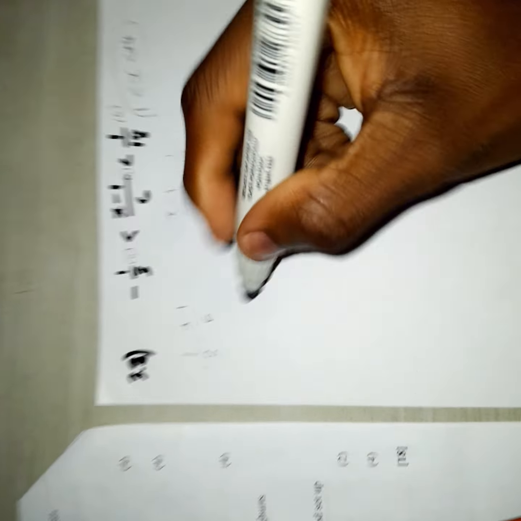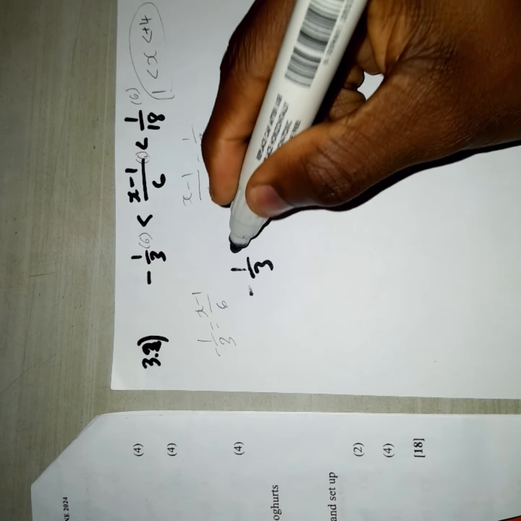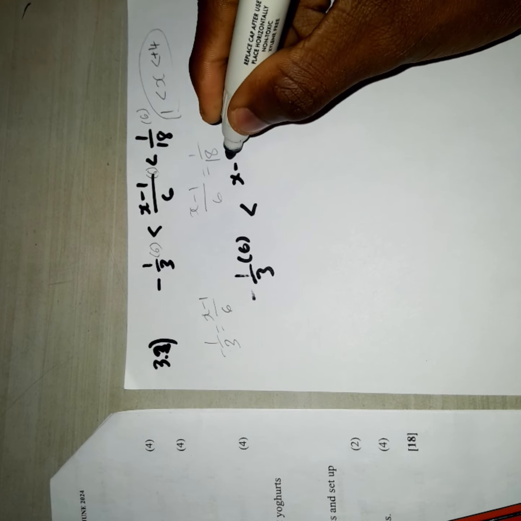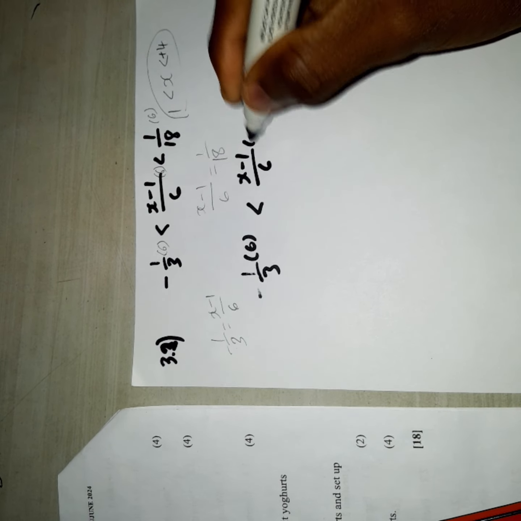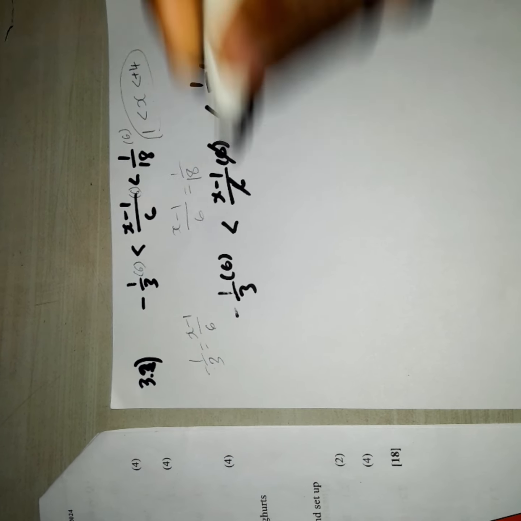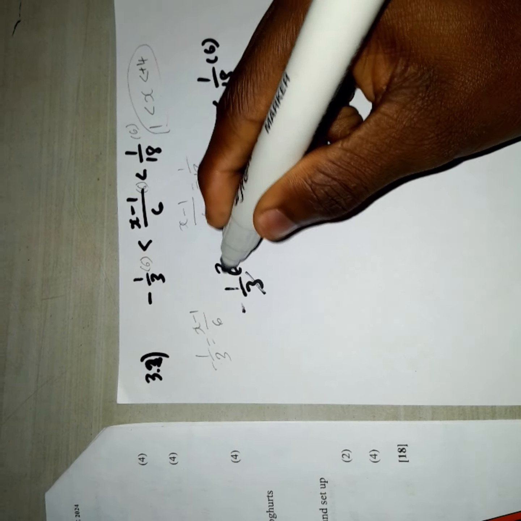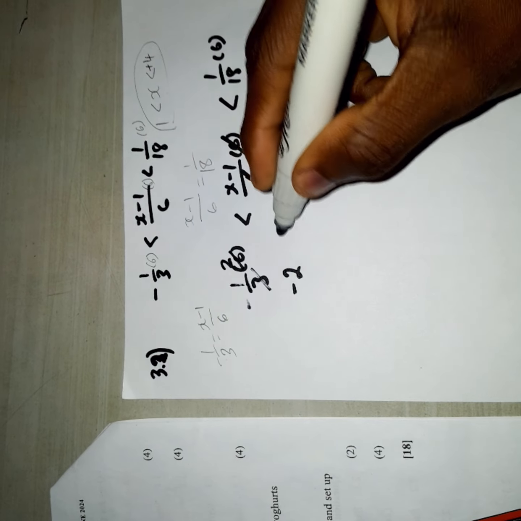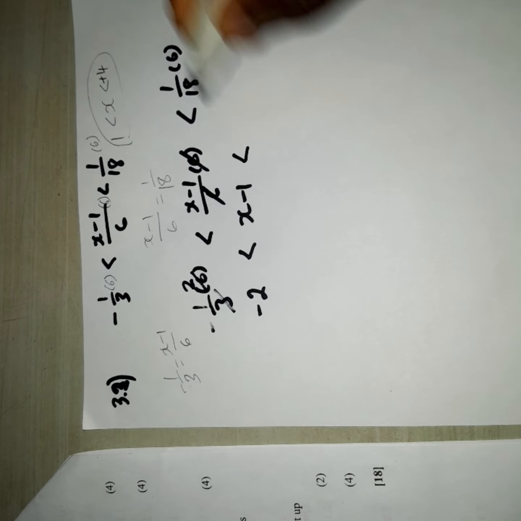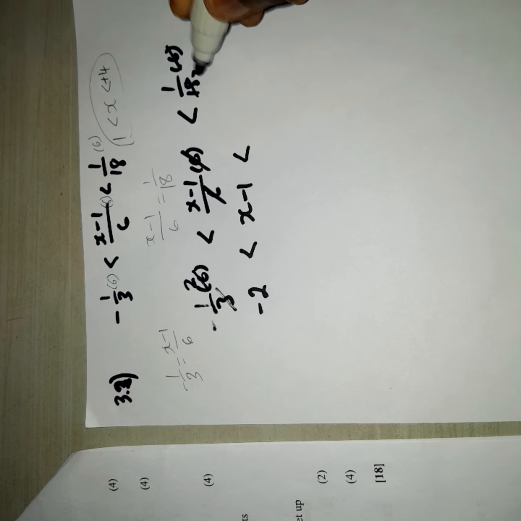So it's negative 1 over 3 multiplied by 6, and negative 1 over 6 since it will be removed, and 1 over 6. So this will cancel out. We'll be left with negative 2 here, negative 1 over x, and 1 over 3 here on the side.